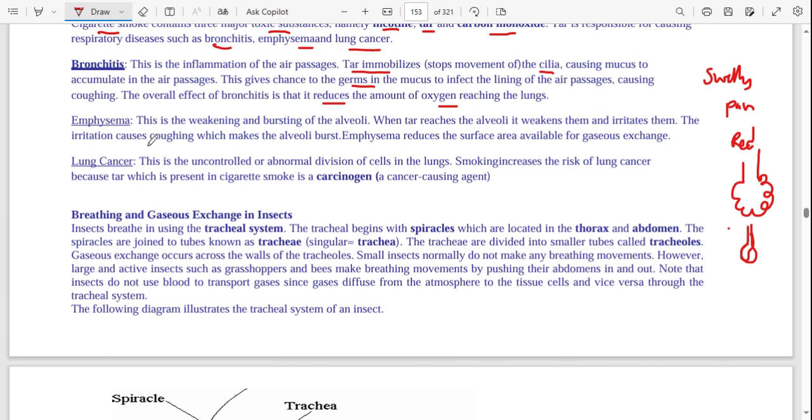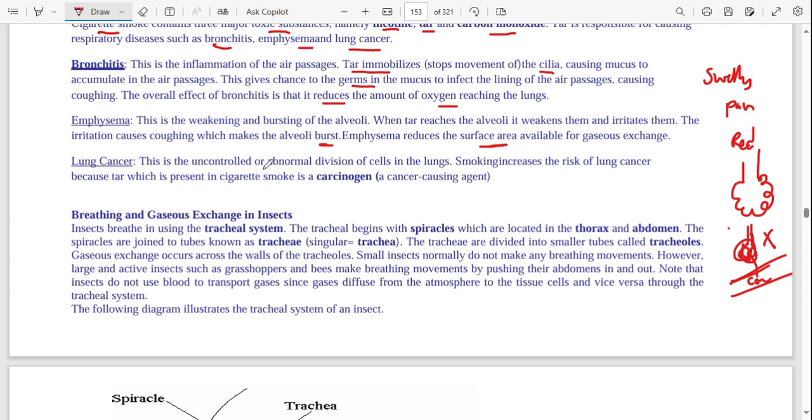The irritation causes coughing, which makes the alveolus burst. Emphysema will reduce the surface area available for gaseous exchange because this one has burst. So meaning that the blood coming here with carbon dioxide will not be removed because this air sac has burst.